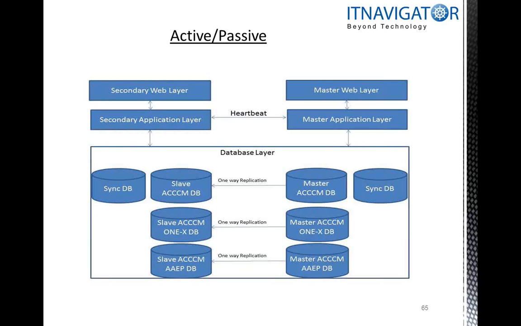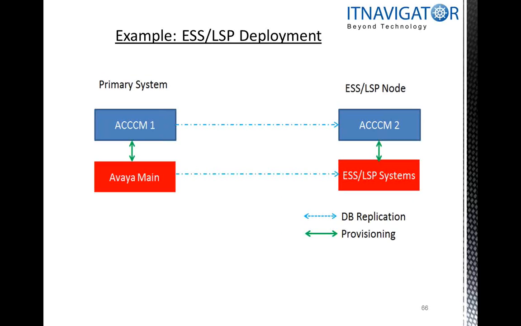So in the 2 previous slides that we've seen, you must have Microsoft SQL Server Standard or Enterprise Edition in the 2 nodes, but this specific deployment, which is active-passive, can support SQL Server Express in the secondary server. And this is designed especially for ESS and LSP.